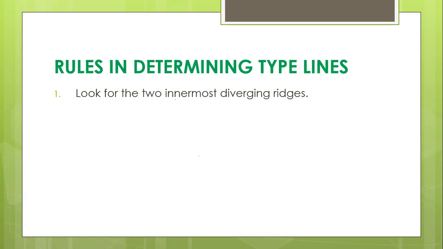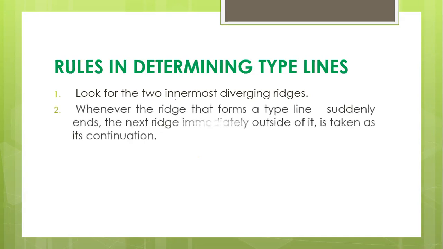Just like I said a while ago, yung pinakaloob na dalawang ridges that run parallel or run side by side and then diverge and then tend to surround the pattern area. Yun yung una natin titingnan for a type line.